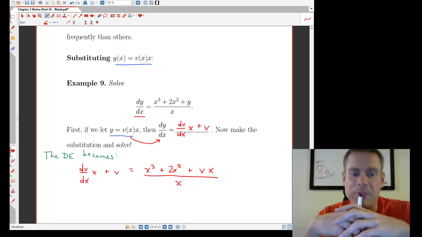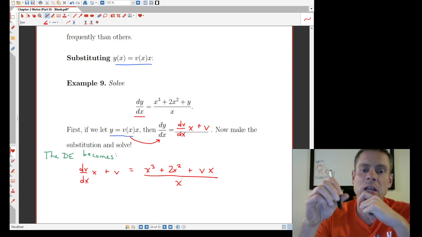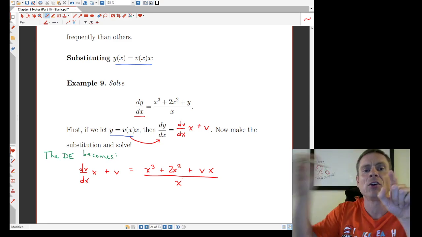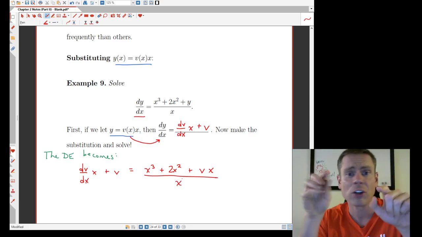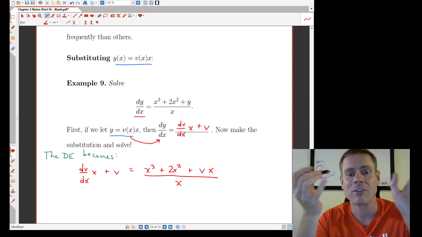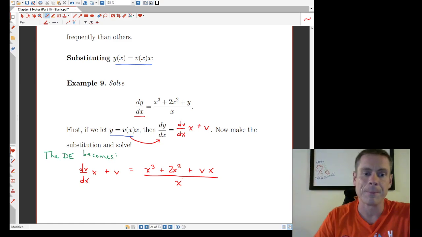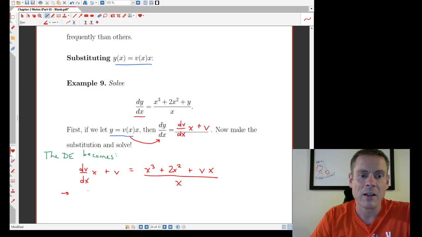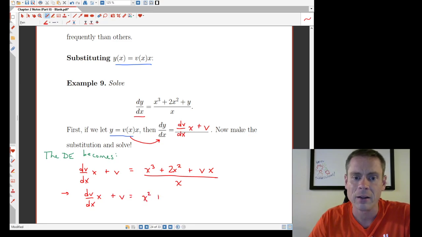Here's what's nice about this. Making that substitution puts an x in every single term in the numerator of that expression. And so because of that, I could factor out an x. And as soon as I do that, I can cancel with the x in the bottom. So watch what happens here. I get dv/dx times x plus v equals, if I divide this through, x squared plus 2x plus v.